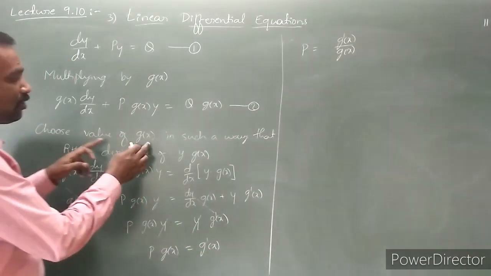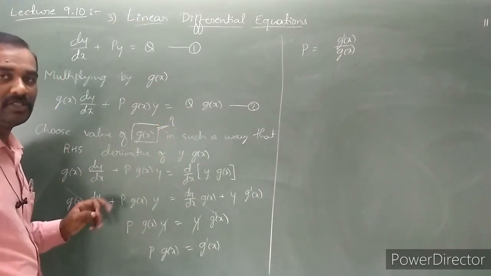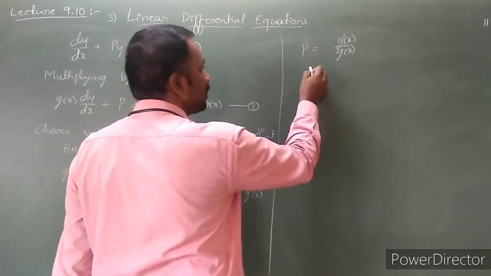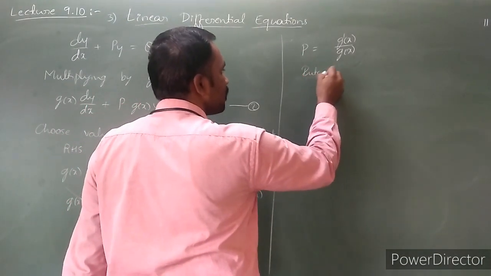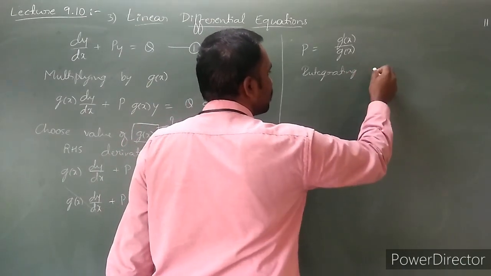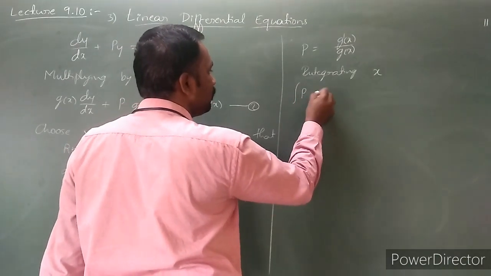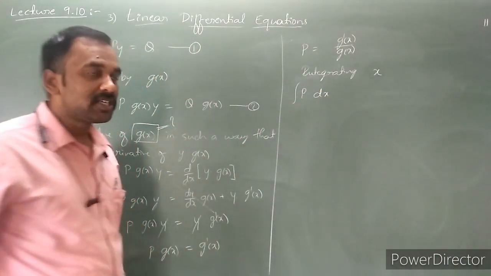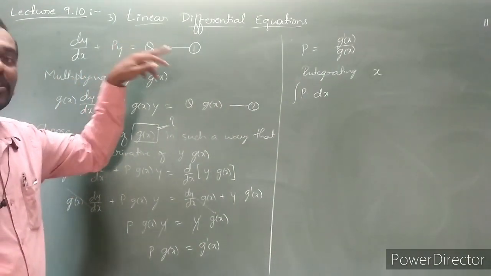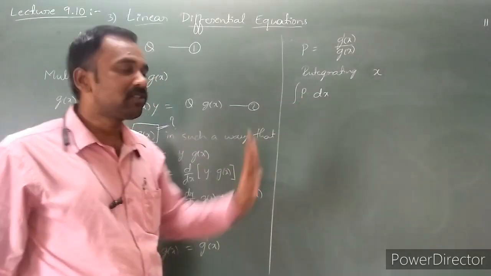So integrating with respect to x, that is integration of p dx. p is not a constant. p is a function in terms of x or a constant, whatever it might be, we don't know.